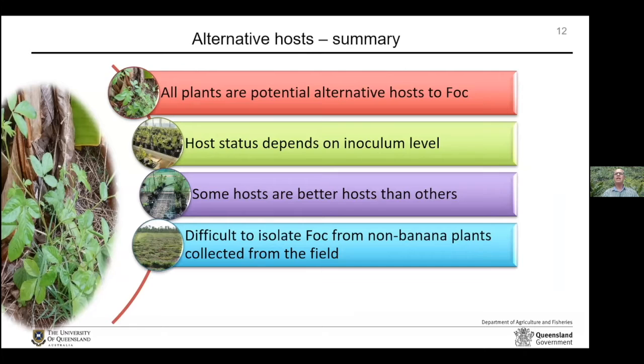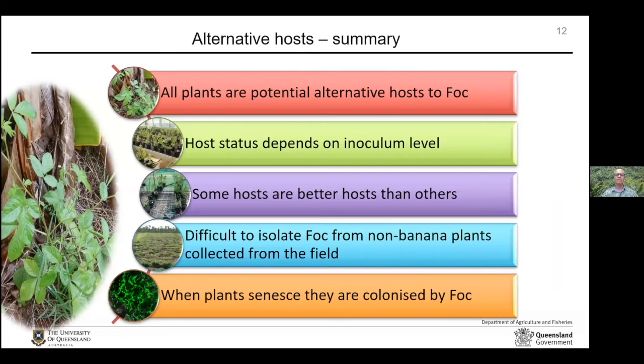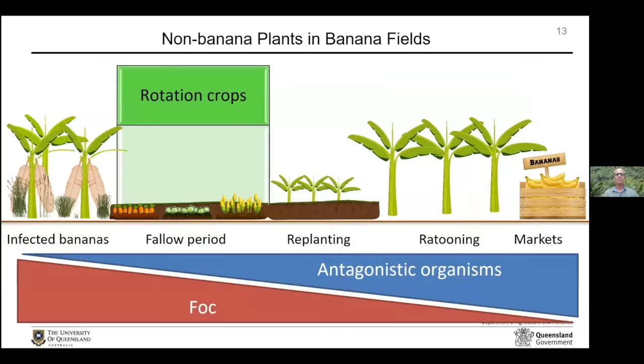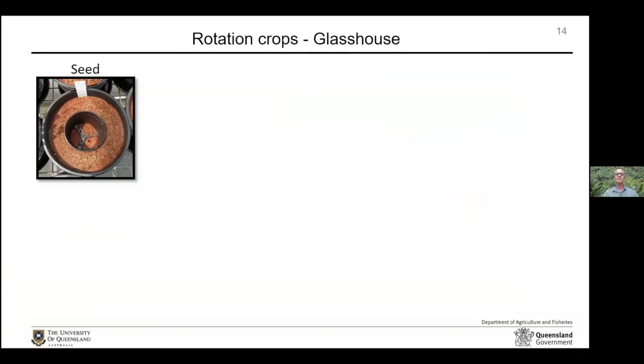It's difficult to isolate Fusarium oxysporum from the roots of alternative hosts in the field. But once plants are senesced, if we're using herbicides or killing them, then they're extensively colonized by the saprophytic ability of Fusarium oxysporum cubense. So moving on to the next role of non-banana plants, and that is as rotation crops.